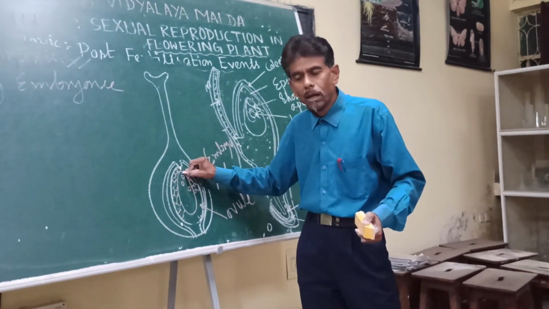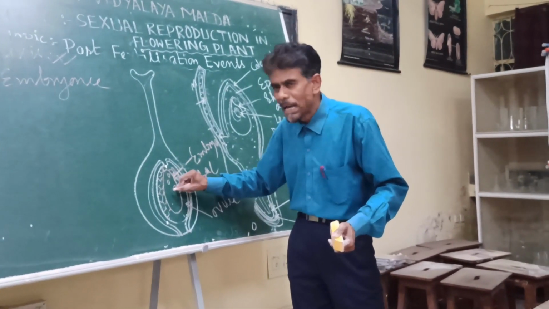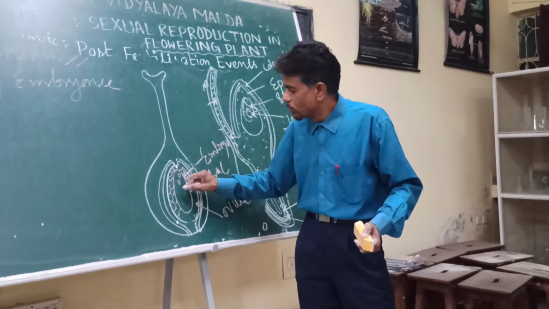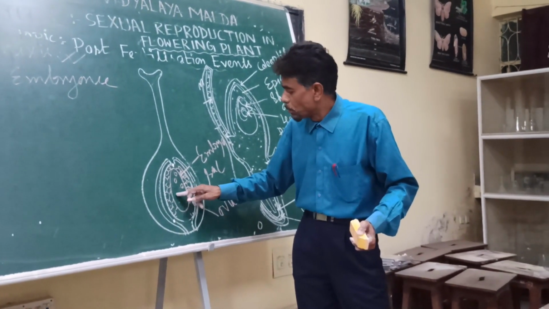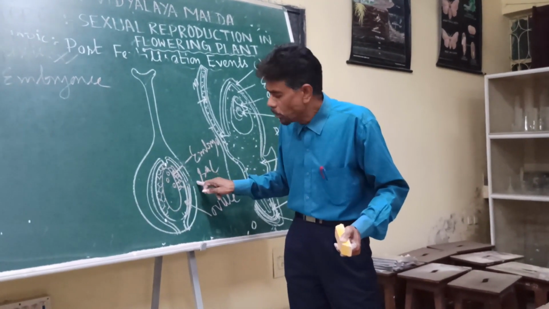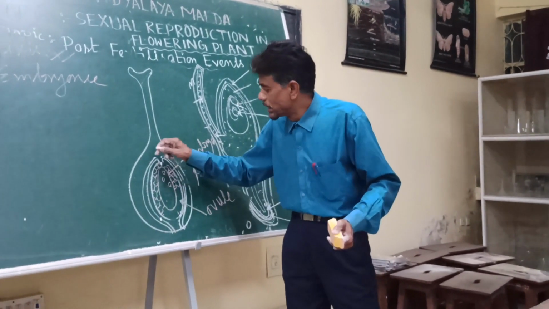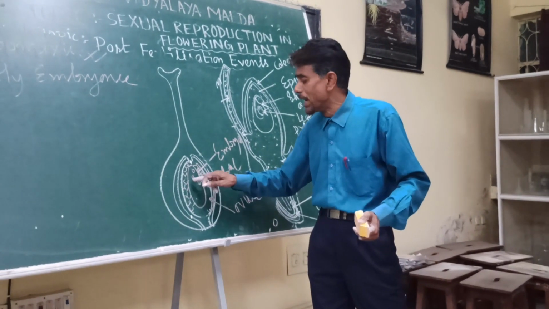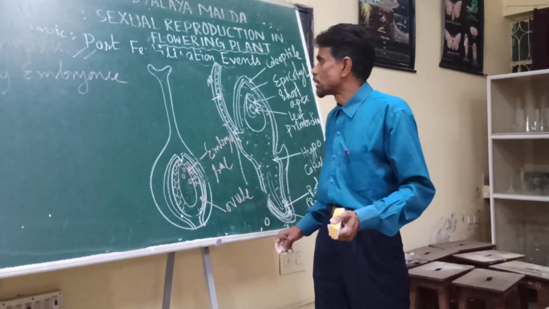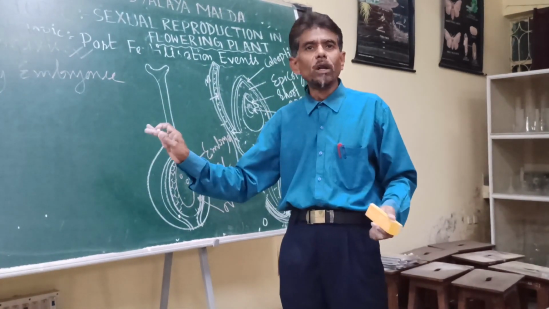So the nucellar tissue protrudes inside the main embryo sac and forms small embryo sacs. The bigger embryo sac, after fertilization, the zygote gets converted into an embryo, and these small ones also get converted into embryos. So within the ovule many embryos are there. This phenomenon we call polyembryony.